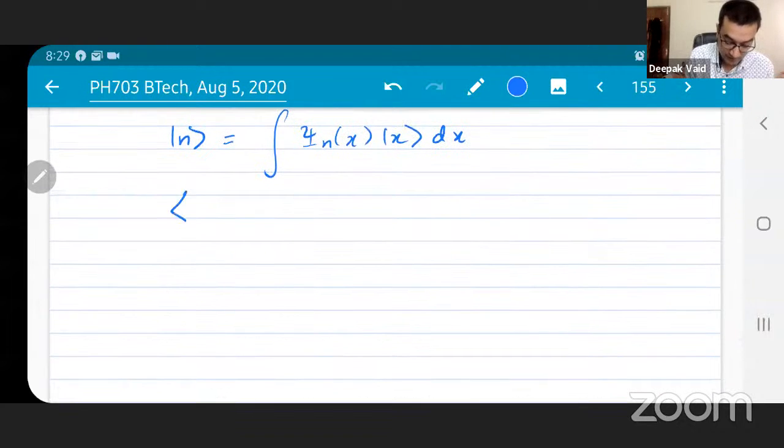If you calculate x in the nth state and p in the nth state, you will get 0.